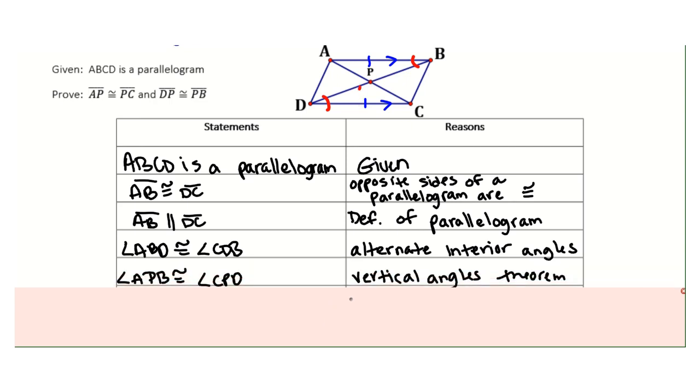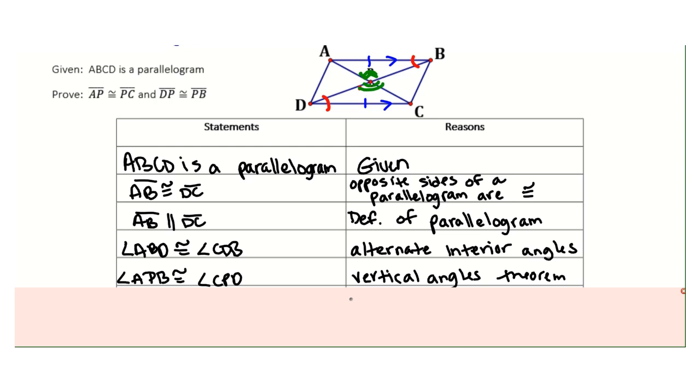With that being said, we've also shown that vertical angles are congruent, and I have a set of vertical angles right here. So angle APB is congruent with angle CPD by the vertical angles theorem.